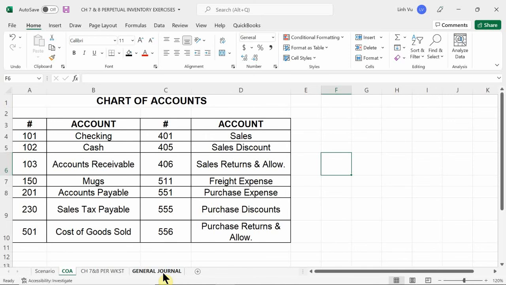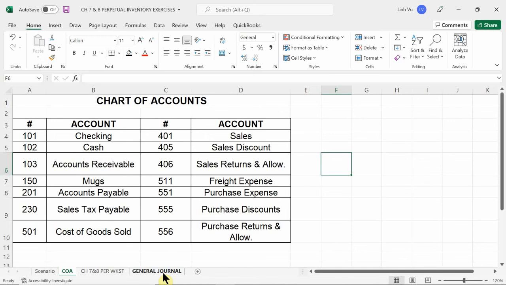Sales returns and allowance for 406. And then we are reducing customer B's account receivable balance. Okay. So we're going to reduce the customer. Okay. 103. Yes. What else do we need to refund as well?